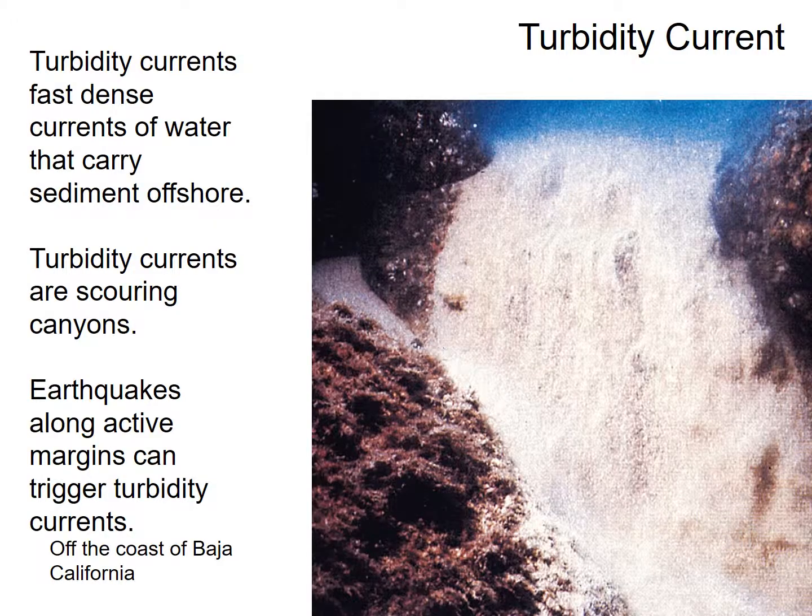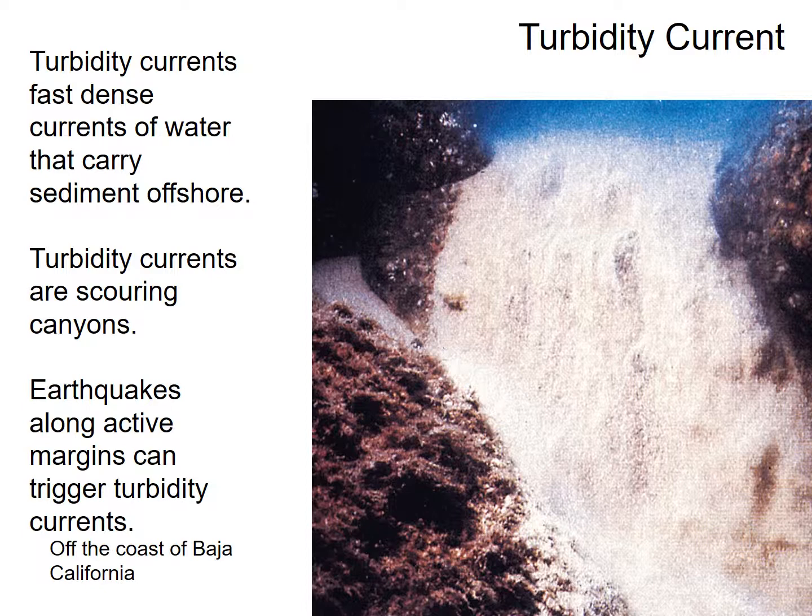These canyons are scoured out by these turbidity currents. These turbidity currents are a continuous cascade of sediments, and in this example we see the San Lucas submarine canyon off the coast of Baja California in Mexico, which may be eroding a narrow gorge, and about 100,000 cubic meters of sand slip down this canyon every year.